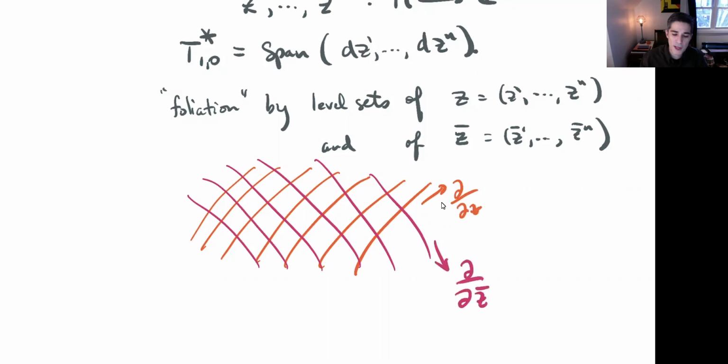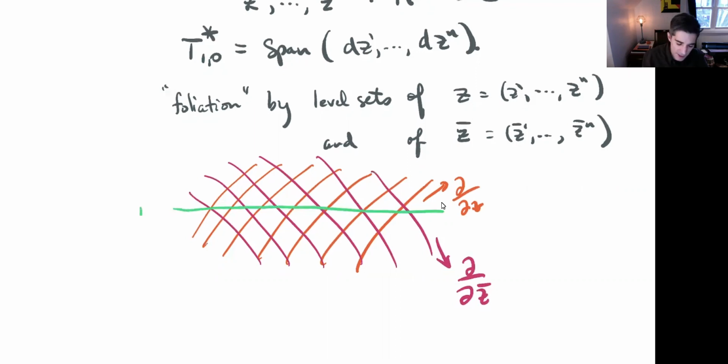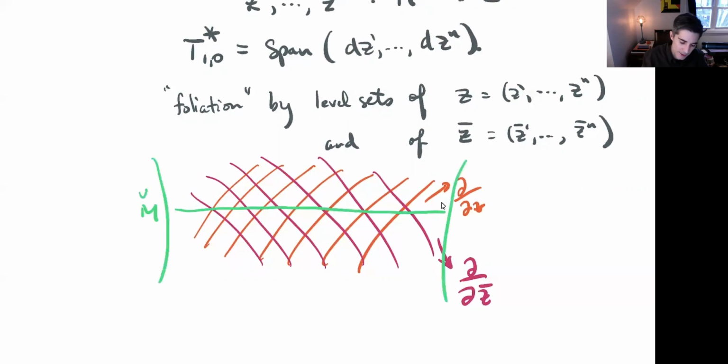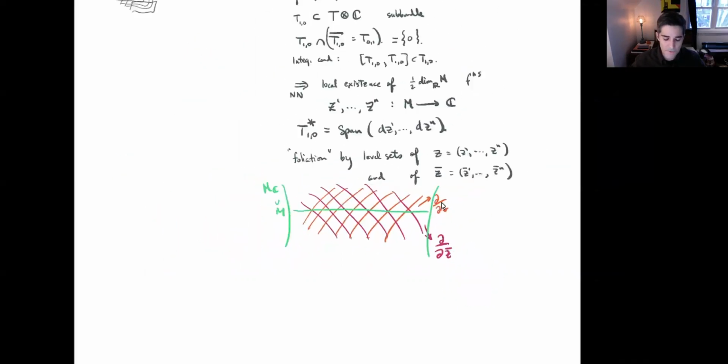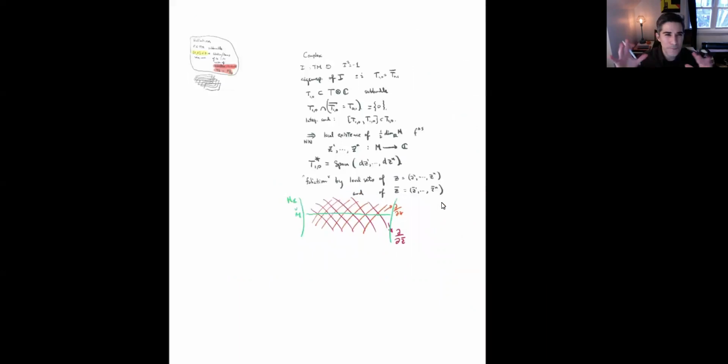Now the problem is that in order to make sense of this, we would need to complexify the manifold. So our original manifold is really sitting here, and we were kind of imagining that it's sitting inside some kind of complexified version of the manifold. So you could imagine that a complex structure is a fictional foliation of a complexified version of the manifold.